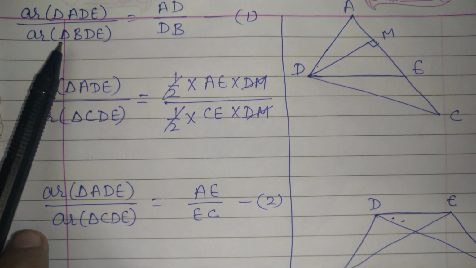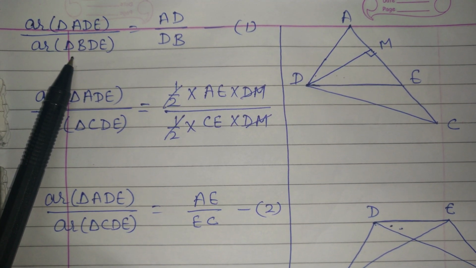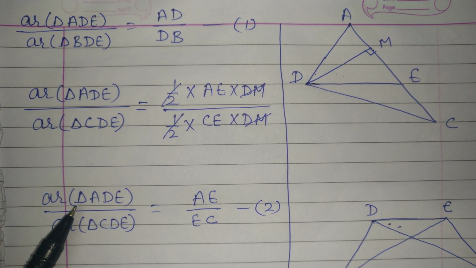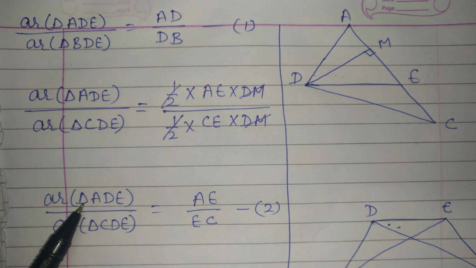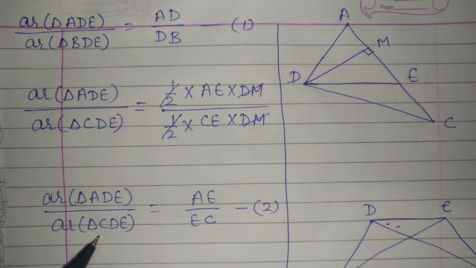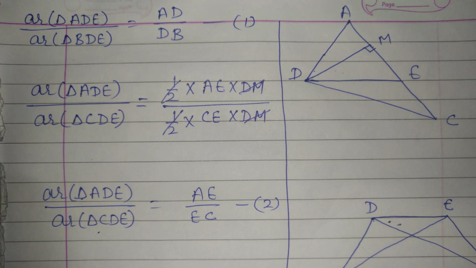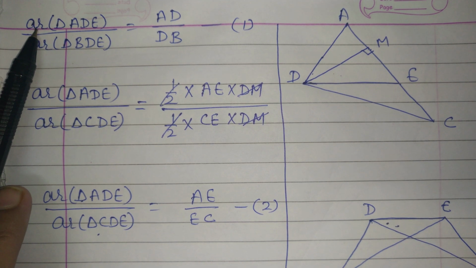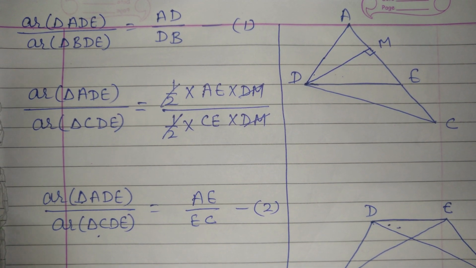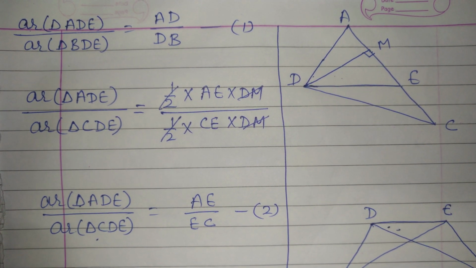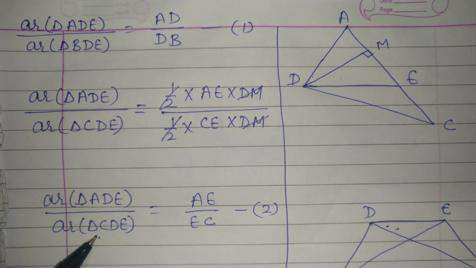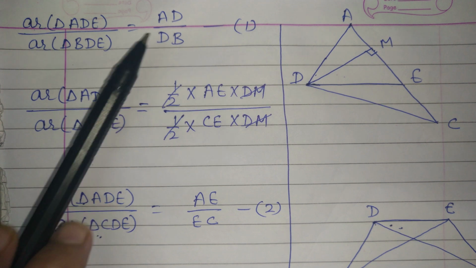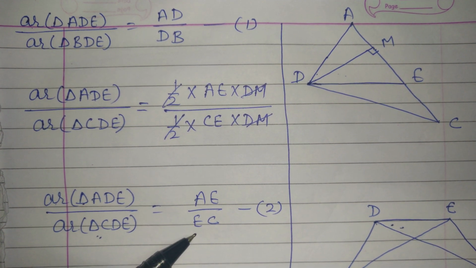Now in equation number 1, left hand side is area of triangle ADE upon BDE, and in equation number 2, left hand side is area of triangle ADE upon area of triangle CDE. In both the equations, left hand side has same numerator but denominator is different. If we prove these denominators also equal, we can prove that AD upon DB is equal to AE upon EC.